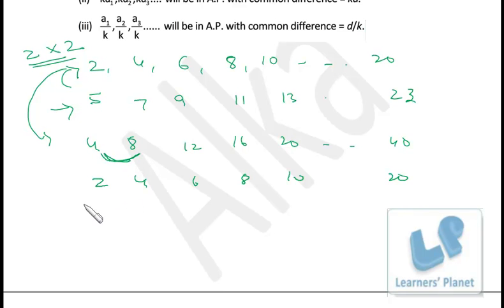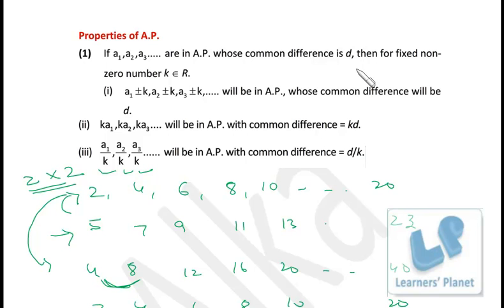So if a1, a2, a3 are in AP and you divide each term by a constant number k, then the common difference will be d by k. The common difference initially was d, now it will be d by k. So these are the basic properties of arithmetic progression.